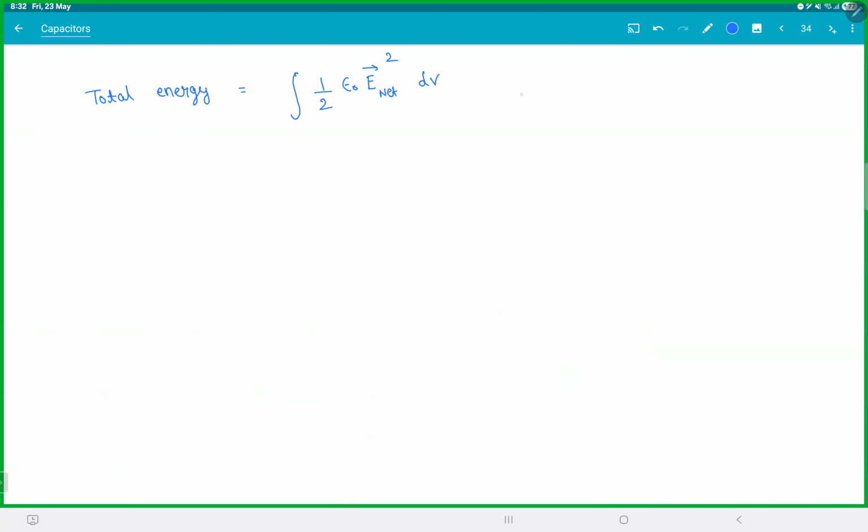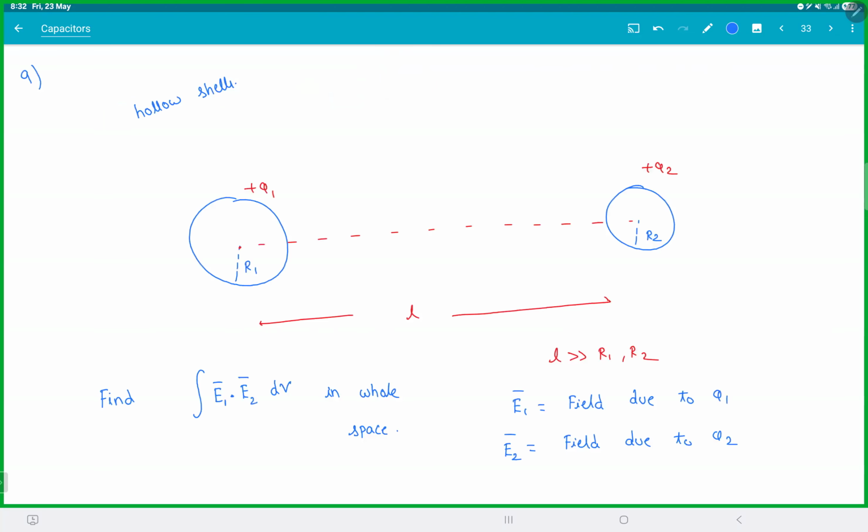But what is E net? E net is nothing but E1 bar plus E2 bar. So the electric field at any point in space is E1 bar plus E2 bar. If you take the electric field at every point and integrate half epsilon E squared, I'll get the total energy of the system.